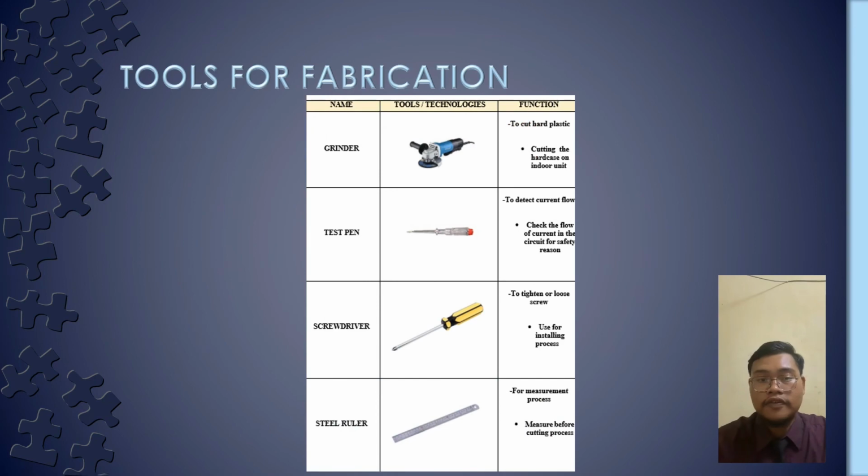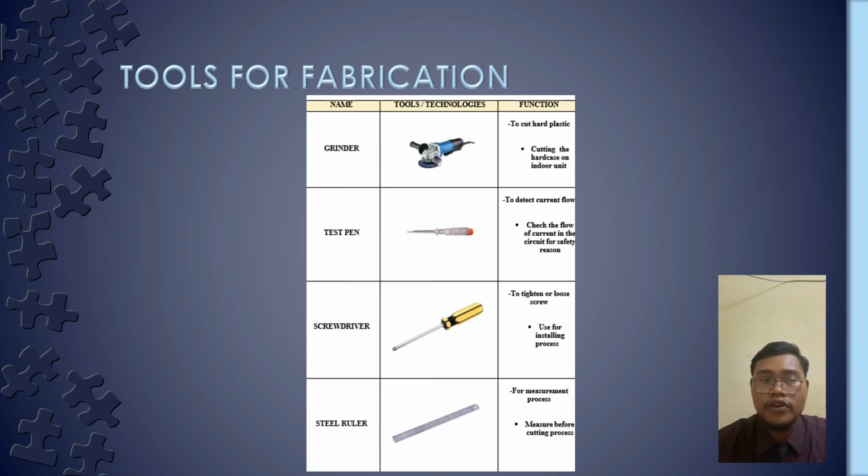Next, for tools for fabrication, we use a grinder. The function of the grinder is to cut hard plastic, and in our project we use it to cut the hard case on the indoor unit. And we have a test pen to detect current flow or check the flow of current in the circuit for safety reasons.